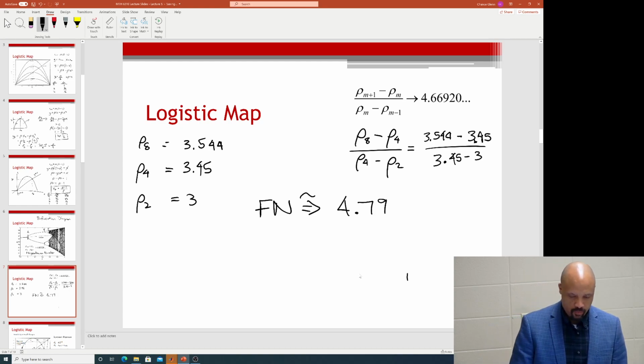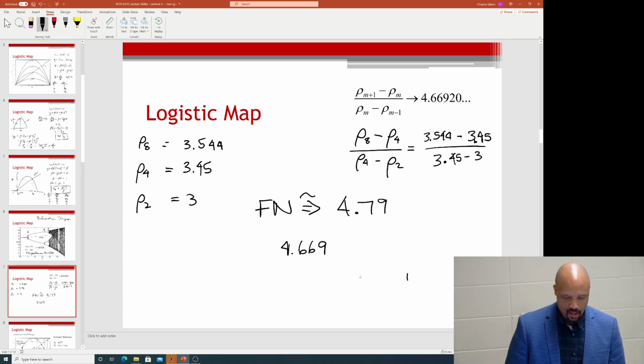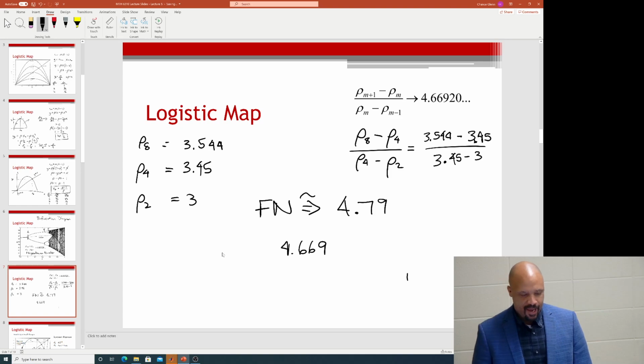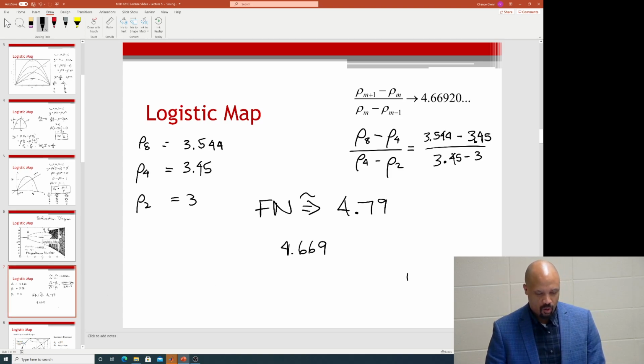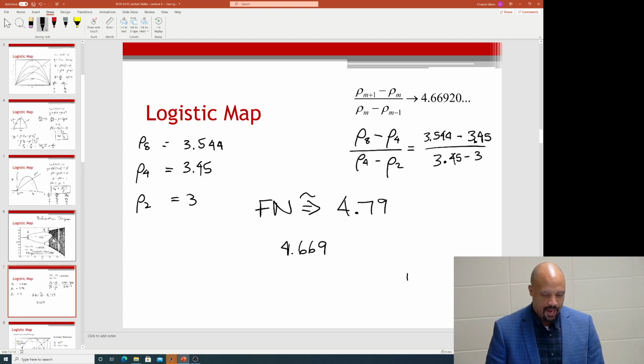Again, that's a limit, and you would go further and further in to get more and more exact points. So in any case, this actually works out pretty well.